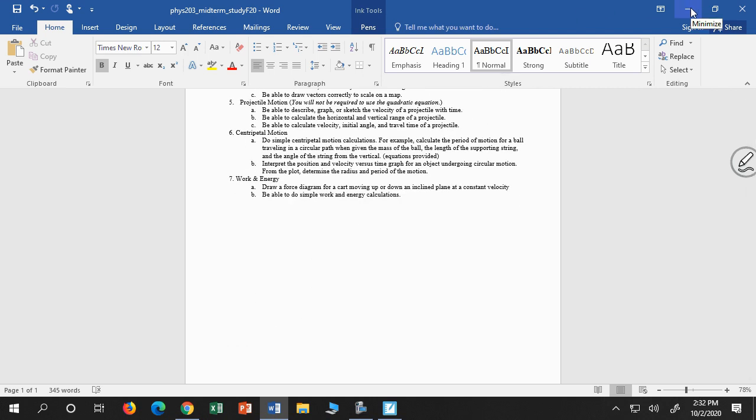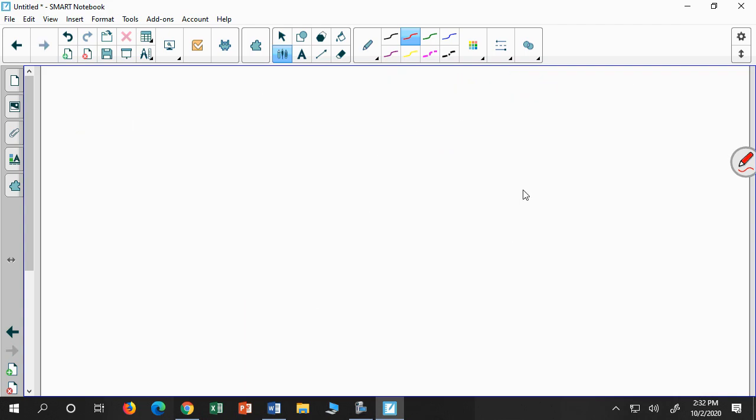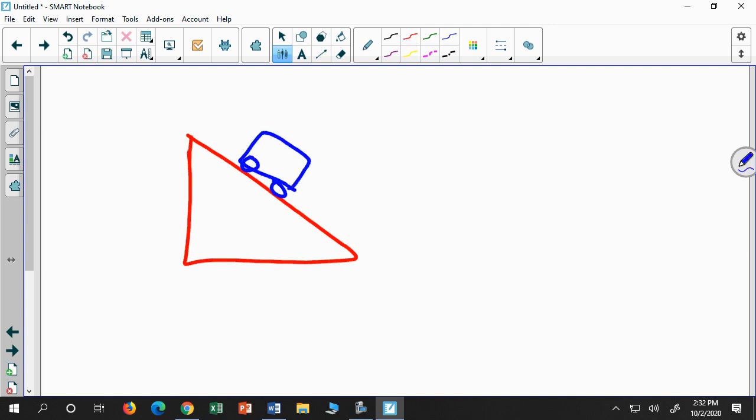Okay, so in number 7, I'm going to give you a graph or a diagram that looks like this. It'll be just like our setup from lab. And I'll ask you to draw the vector diagram for this with resolved vectors.